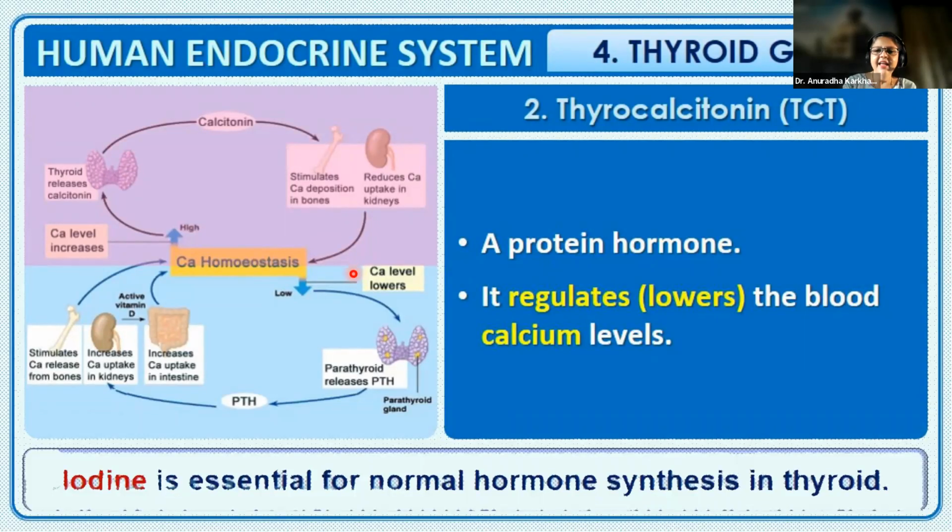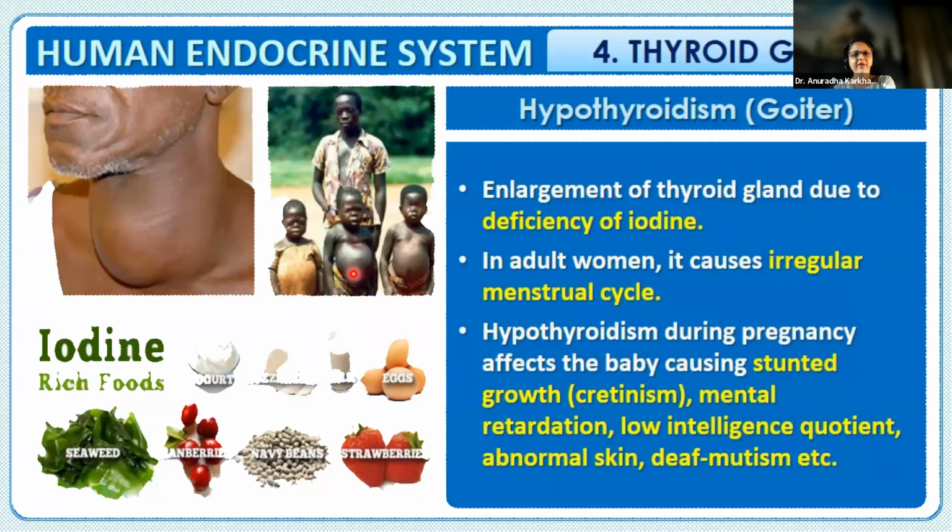Well, then we go to the disorders of hypothyroidism and hyperthyroidism. So here in the picture only you can very well see the problems associated with hypothyroidism. See, hypothyroidism is called as goiter, enlargement of thyroid gland due to deficiency of iodine. Here you can see how it is.